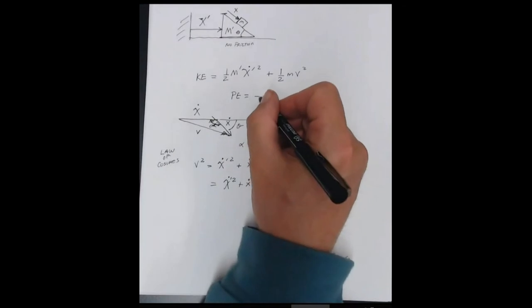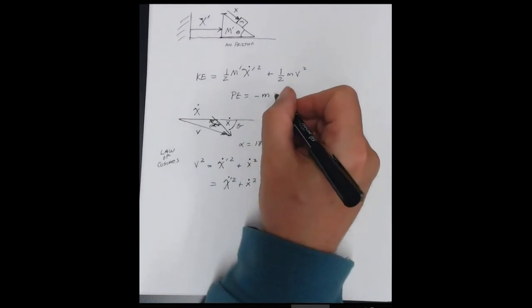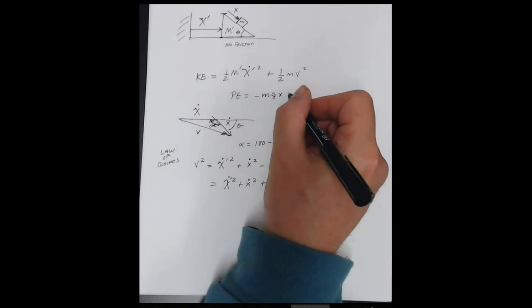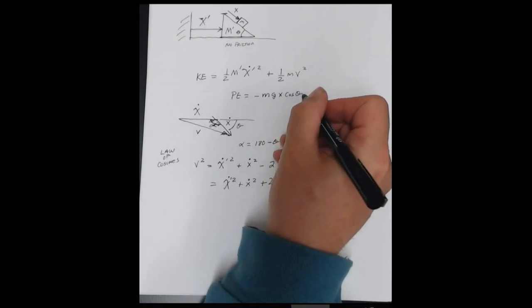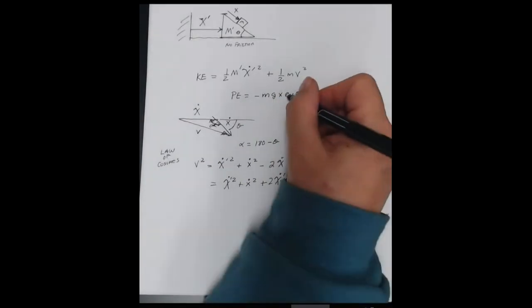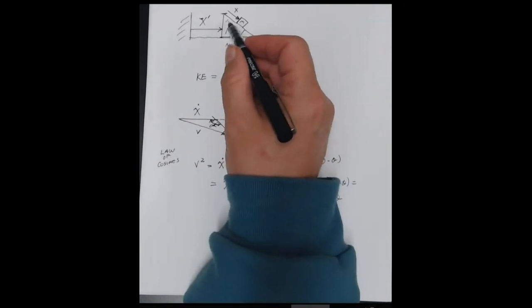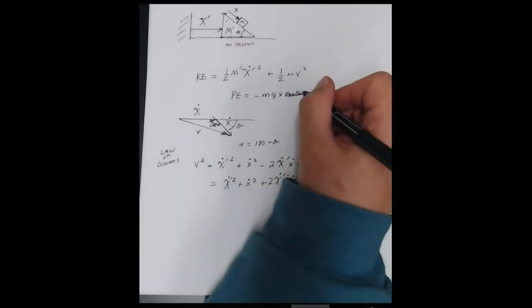So negative little m g x cosine of theta. No, I'm sorry, that would be sine of theta.